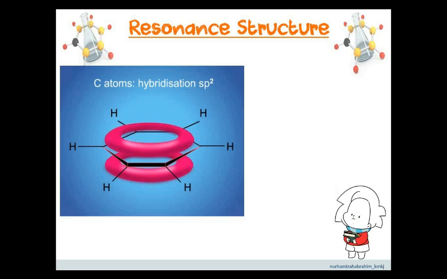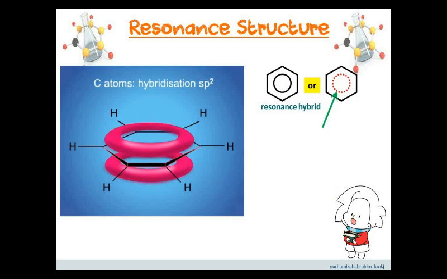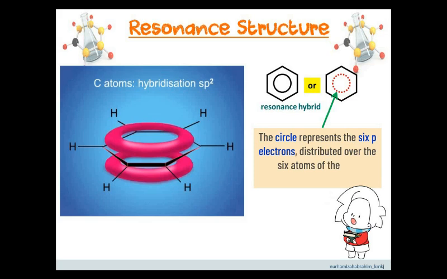The presence of this sextet of delocalized electrons, distributed on both sides of the ring plane, is the most characteristic feature of aromatic compounds. The circle actually represents the 6 p electrons, distributed over the 6 atoms of the ring, which are delocalized.